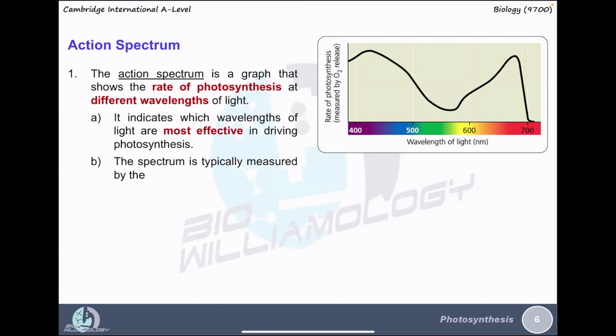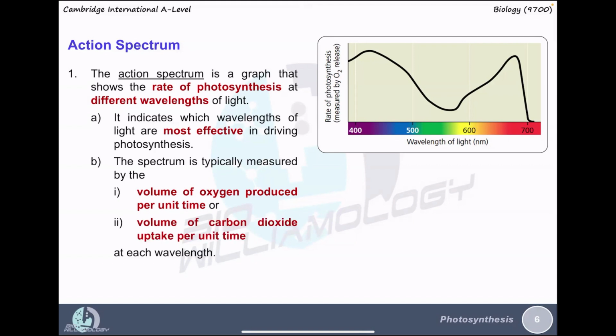So the spectrum is typically measured by the volume of oxygen produced per unit time or volume of carbon dioxide uptake per unit time at each wavelength. So we start with 400, then we get the rate of photosynthesis by measuring the volume of oxygen produced per unit time, and then we repeat the experiment with 405, 410, and so on, all the way to 700 nanometer wavelength.